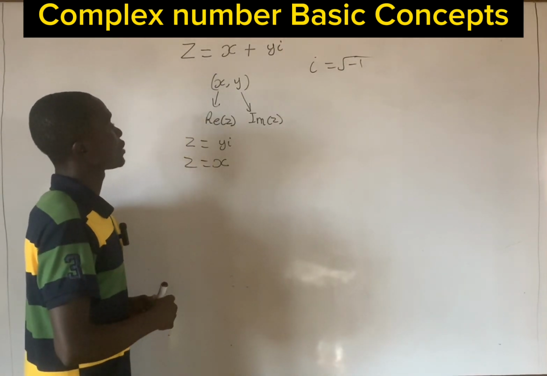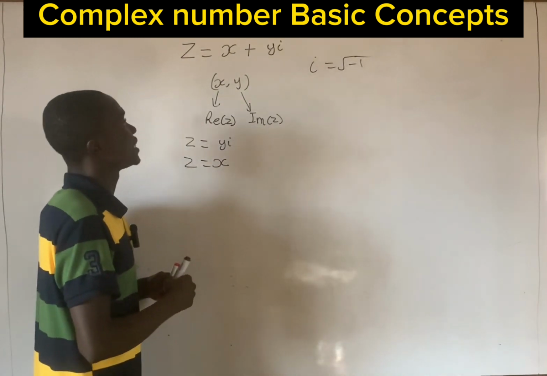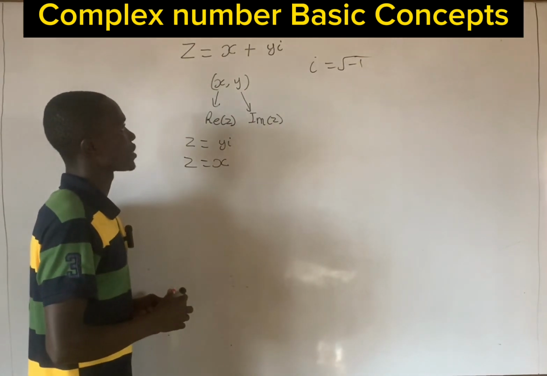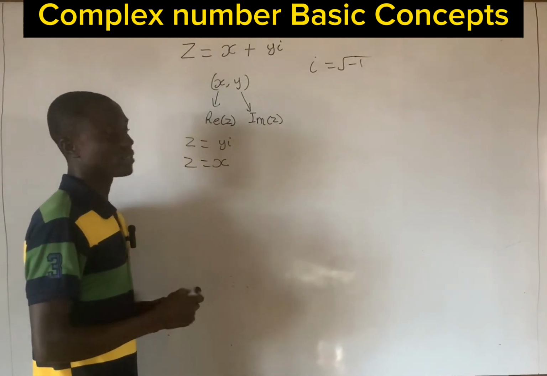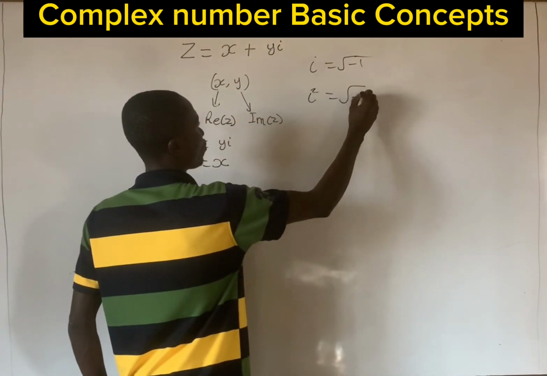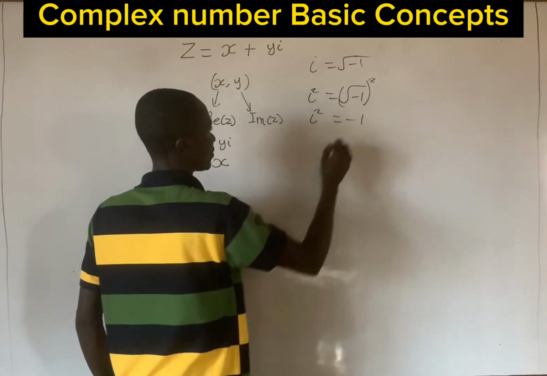Now, let us proceed by writing some integral powers of i. We have i equals square root of negative 1. So i squared will be square root of negative 1 squared, so i squared will be negative 1.